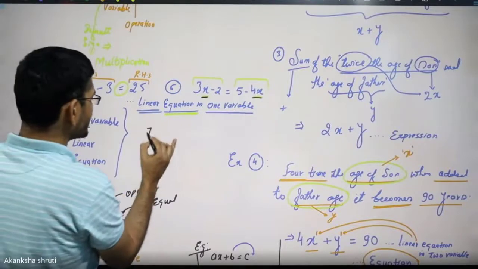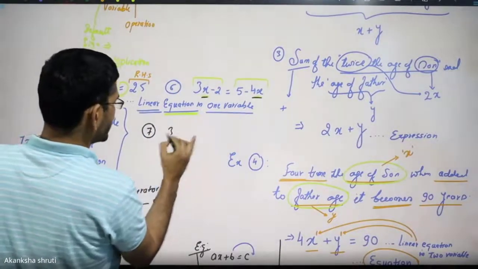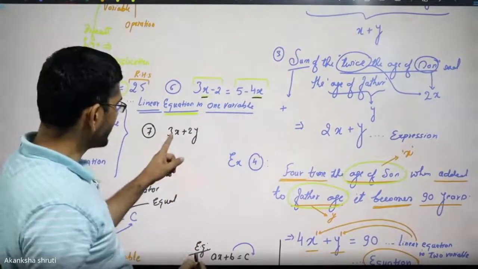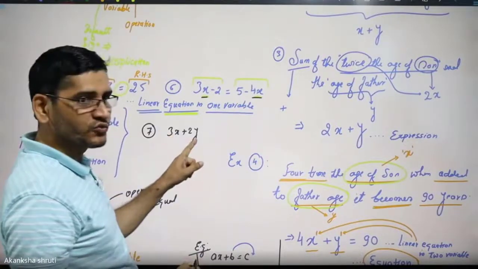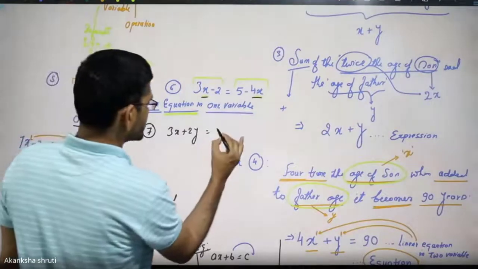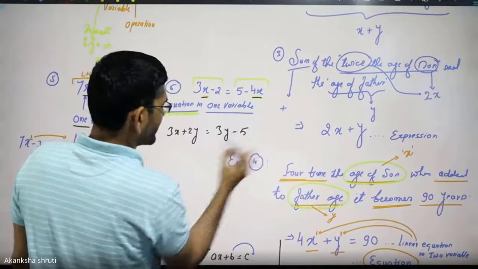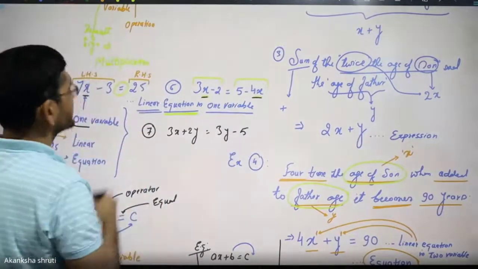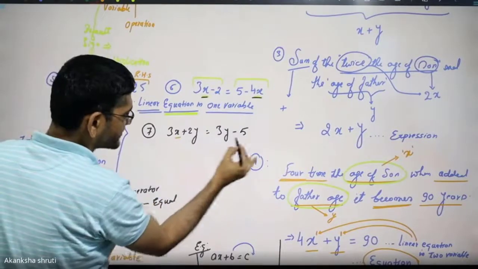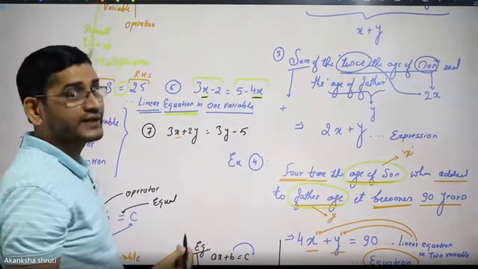But if I consider an equation like 3x plus 2y equals 3y minus 5, this is also an equation, but here we have two kinds of variables, x and y. One is x, whether present on the left hand side, right hand side, or both sides, that doesn't matter.